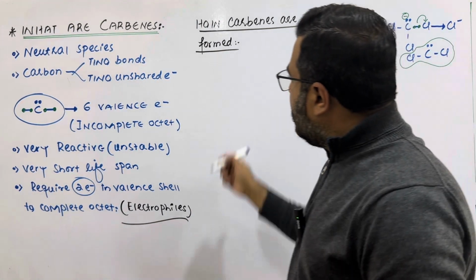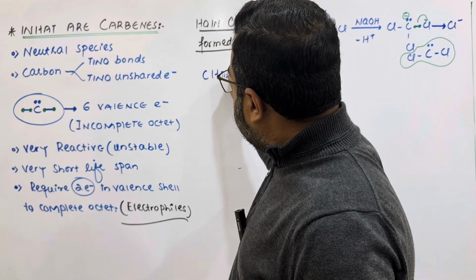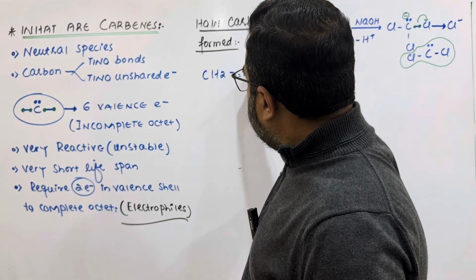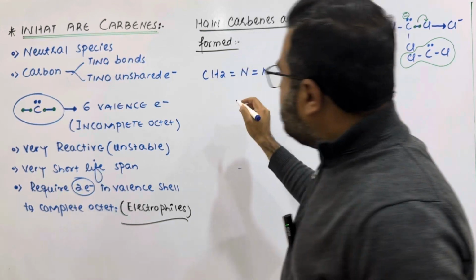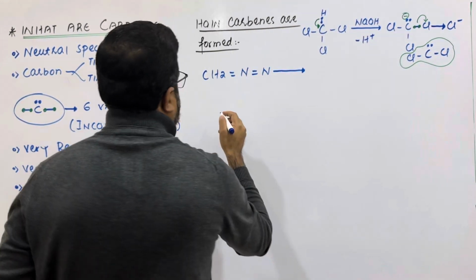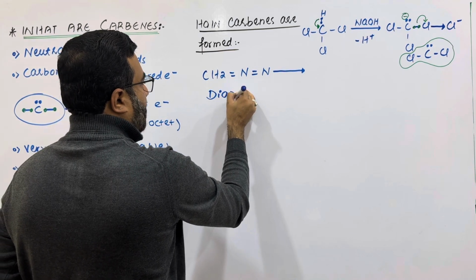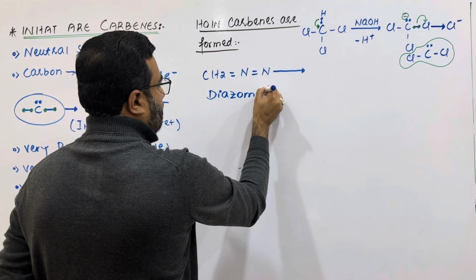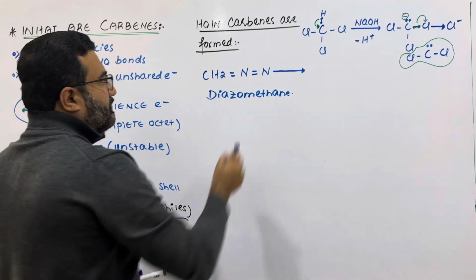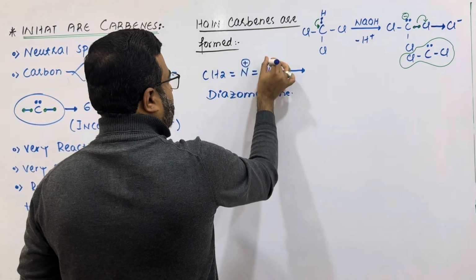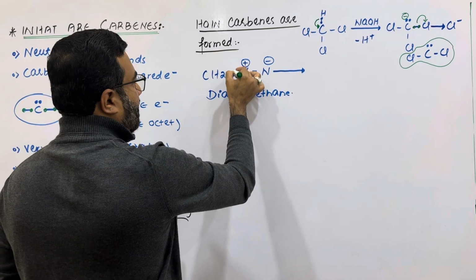Now the second way is reacting diazomethane. Now, my dear students, in this diazomethane, there is a double bond between carbon and nitrogen.